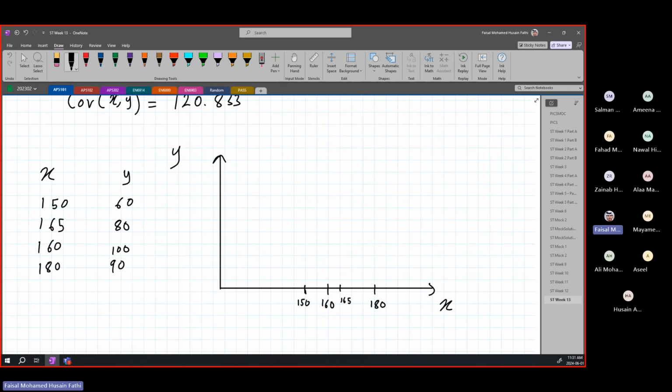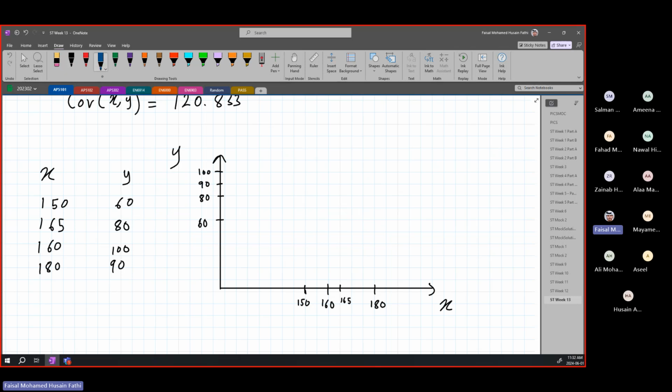Again, I should say this graph is not up to scale, so keep that in mind, but I'll try to do with what I have. So 60, let's say it's over here. Let's say 80 is over here, 90 is over here, and 100 is over here. So 60, 80, 90, and 100.